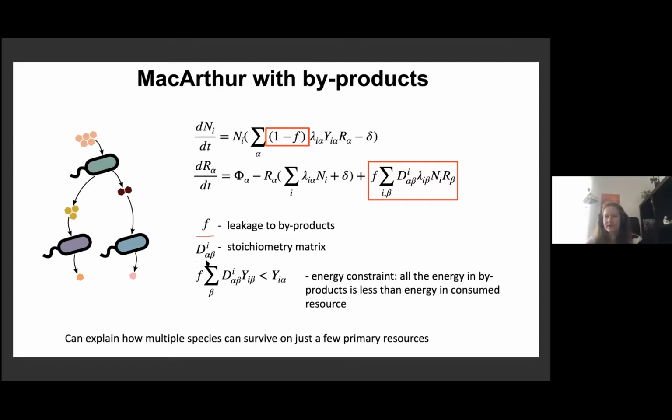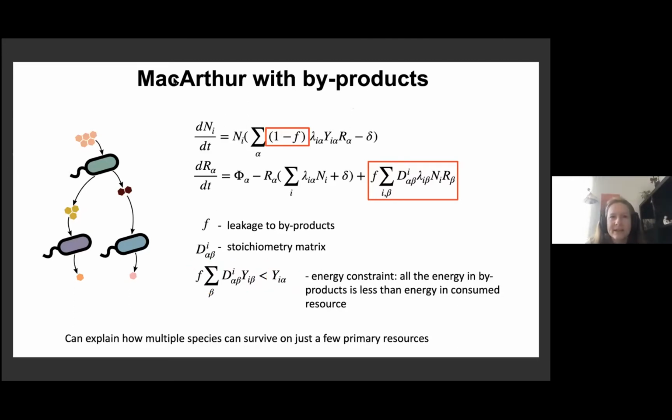And another one is the stoichiometry of conversion between your primary resource and a certain byproduct. The only thing to take into account here is that when you specify those parameters, your amount of byproducts should not exceed the energy yield of your original primary resource.